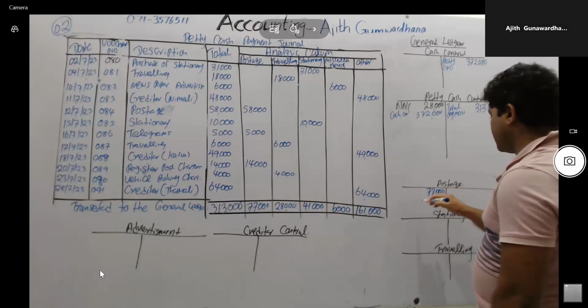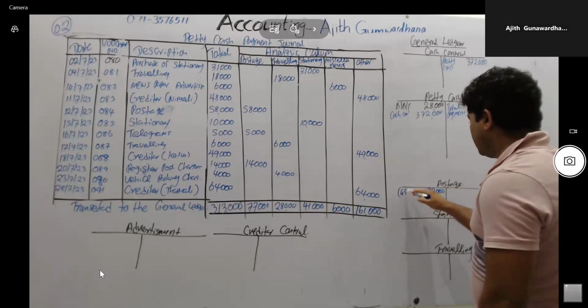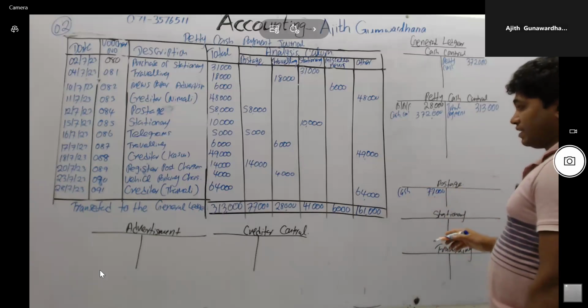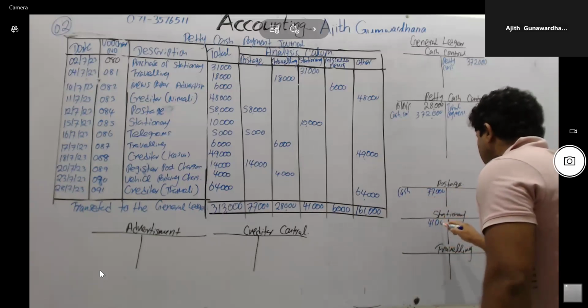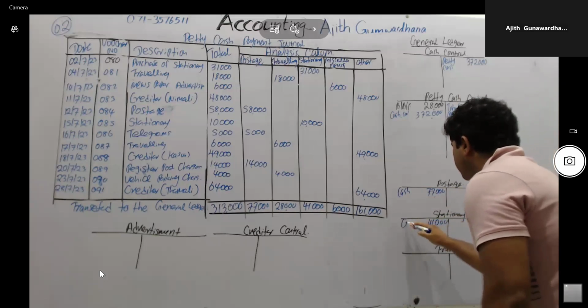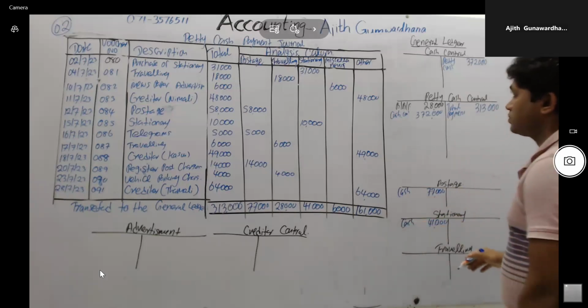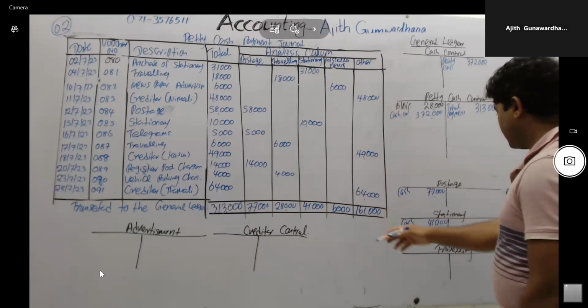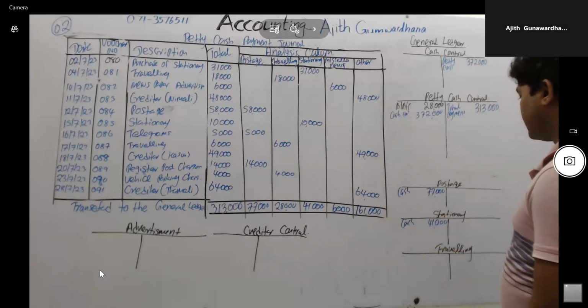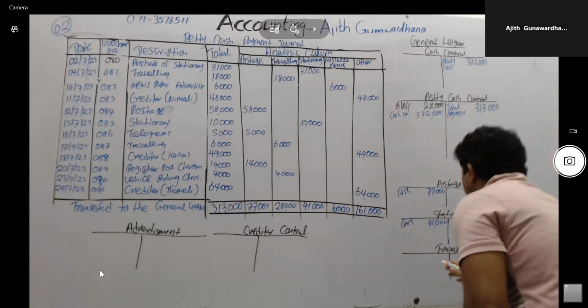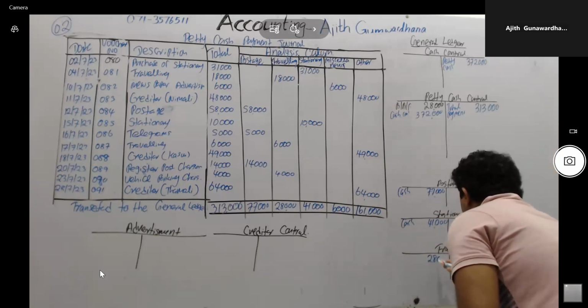Postage debit 77,000 as a cash control. Stationery debit 41,000 as a cash control. And traveling debit 28,000 as a cash control.